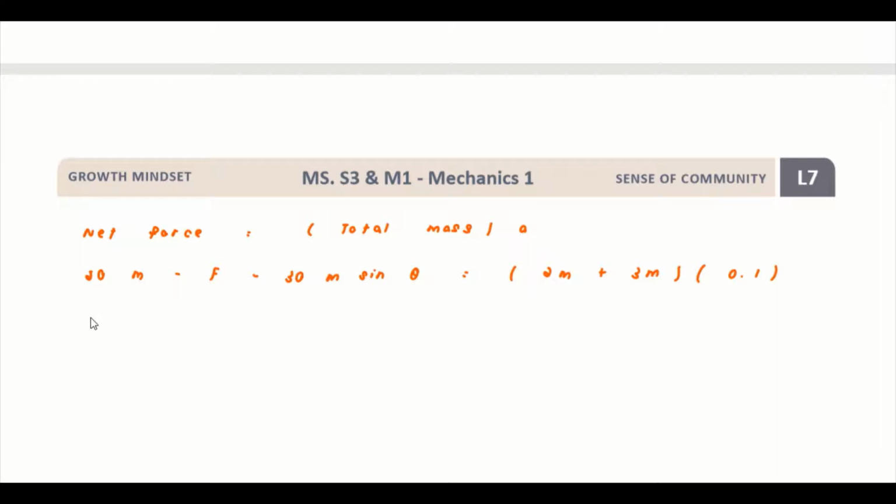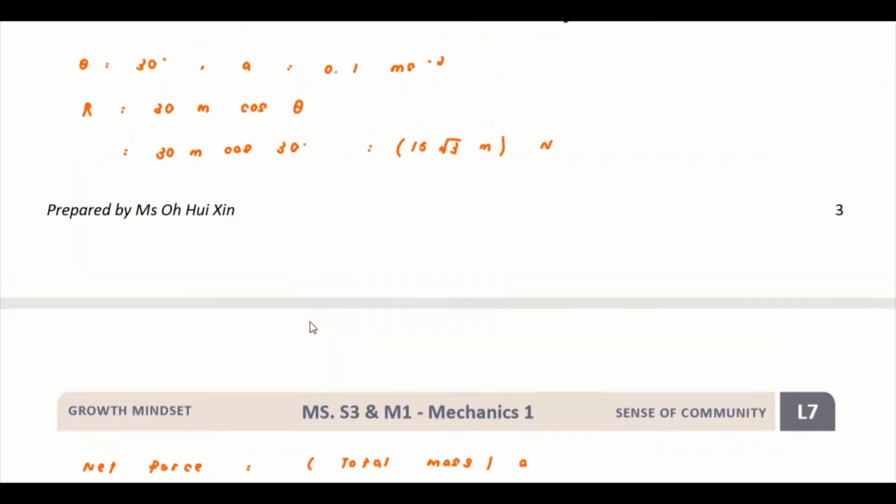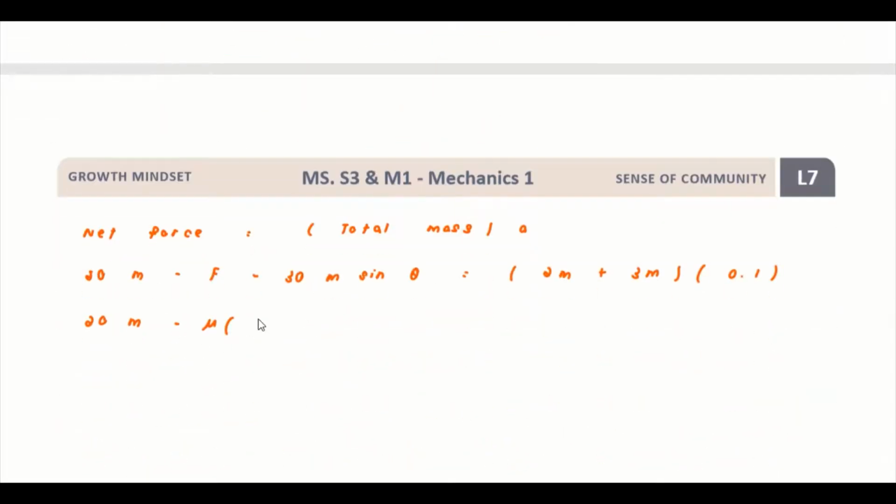So let's substitute. 20m minus mu, which is what we want to find, multiplied by the normal reaction that we got just now, 15 square root 3 m, then minus 30m sine theta. Sine theta just now is how much? Oh yeah, sine 30 is 1 over 2.